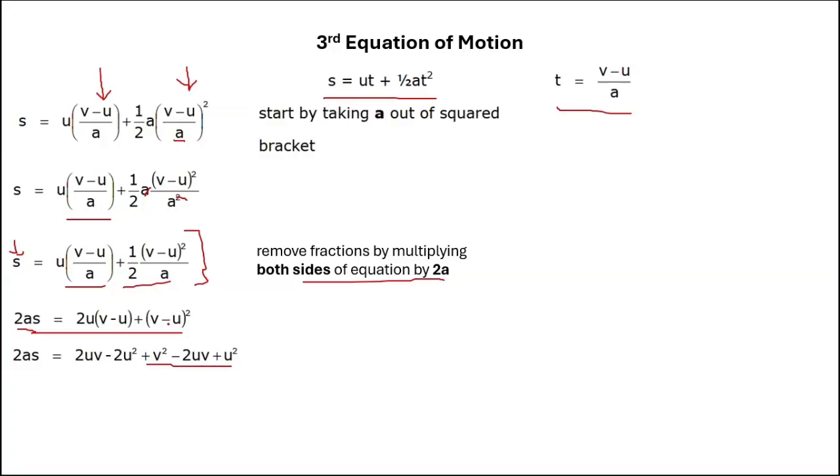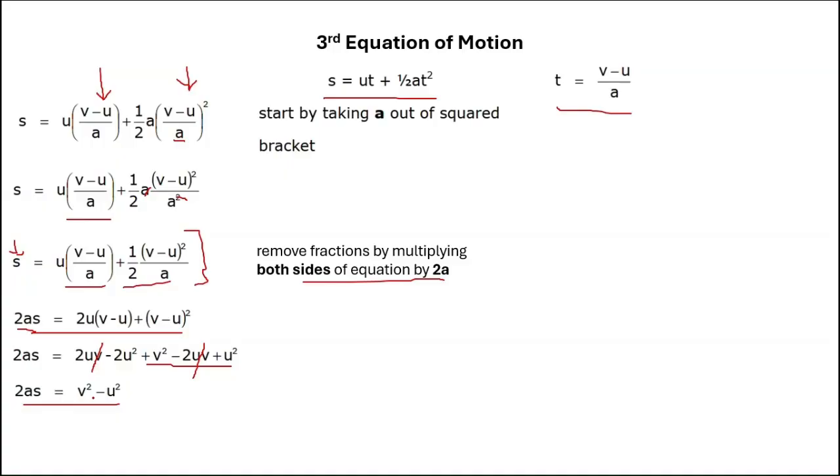See, (v minus u) square is simplified and we get this. So now the next step, 2as is equal to 2uv gets cancelled with minus 2uv, and minus 2u square plus u square gives us minus u square, and v square comes in its place. So 2as is equal to v square minus u square.